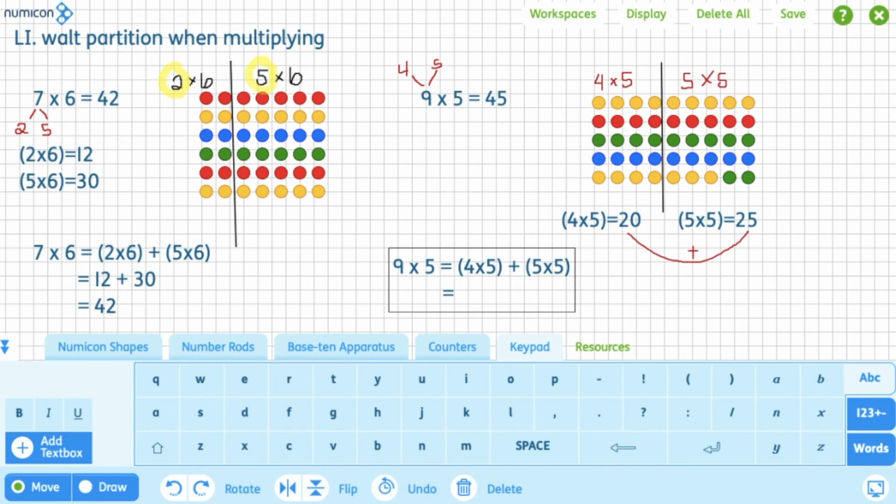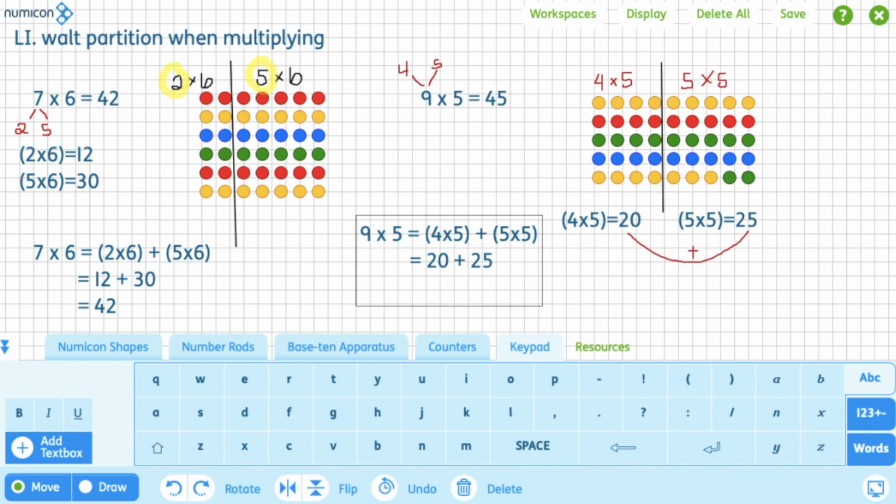Okay, it's called the order of operations, and we'll look at that another time, but just for now, just know that the reason you put the brackets is to show that you've got 2 separate arrays or 2 separate questions, and you're going to solve them independently and then add them together after. So we've got 4 times 5 equals 20, plus 5 times 5 equals 25. And then that all together is equal to 45.